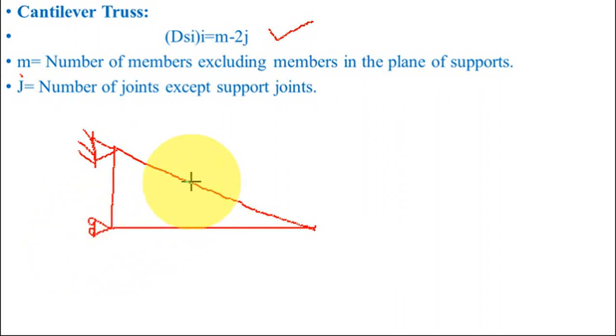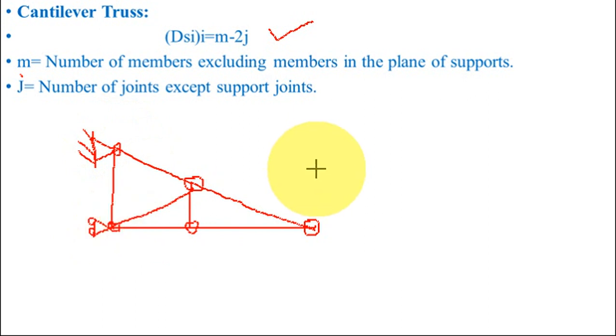And now the truss has different members. This is one more joint. This is also a joint. This is also a joint, and of course these are the support joints.